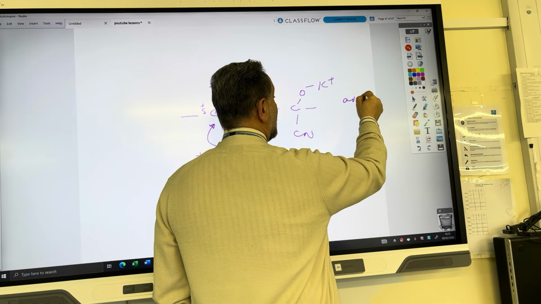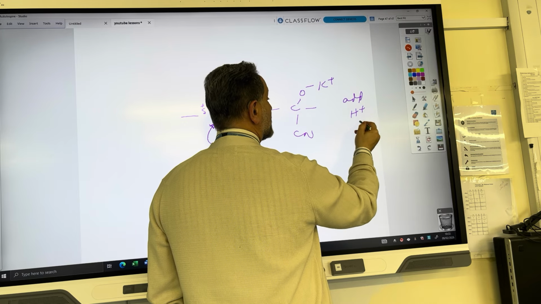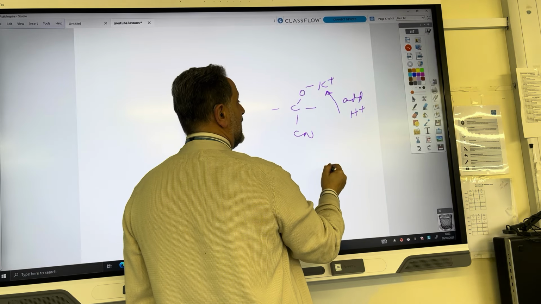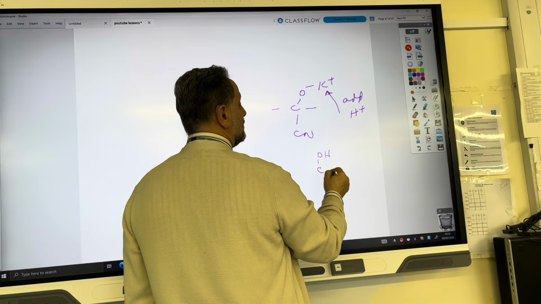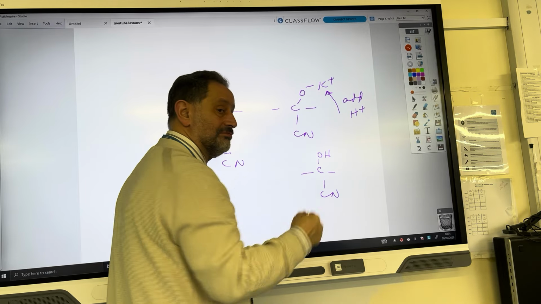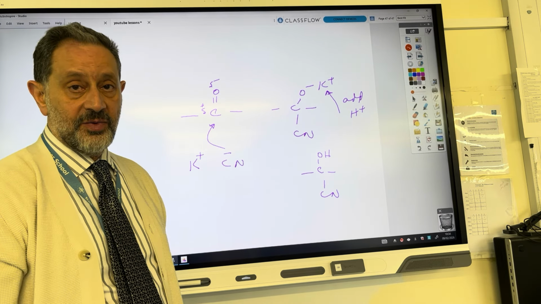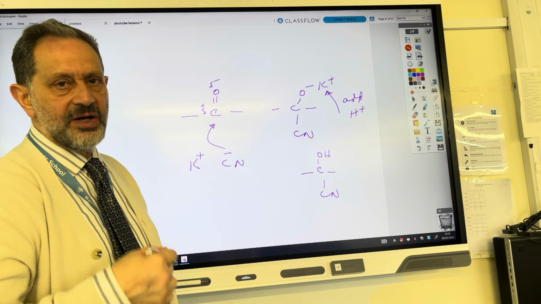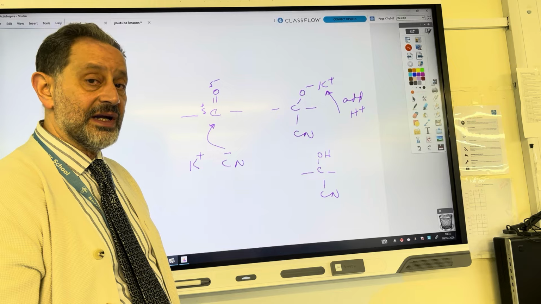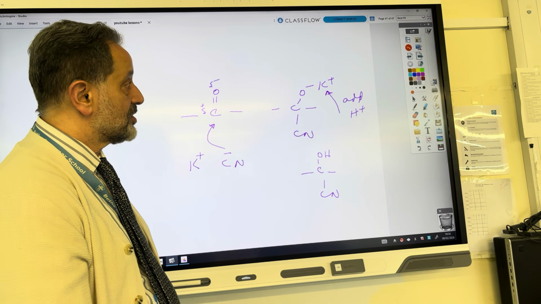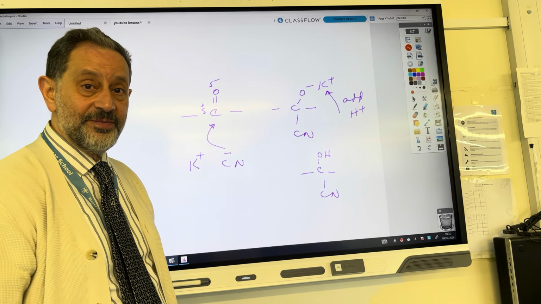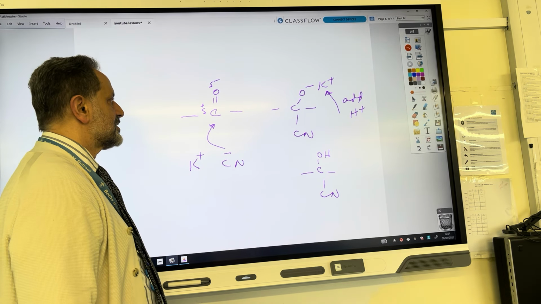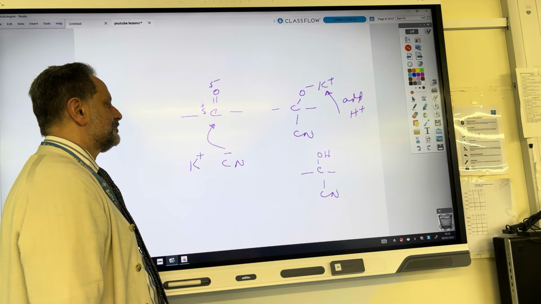You have to add H plus, so the H plus will go there and kick this potassium out and turn it into your desired product. So if you use sodium cyanide or potassium cyanide, it has to be under acidic conditions, because otherwise you produce the corresponding salt. Okay? So that's another one.